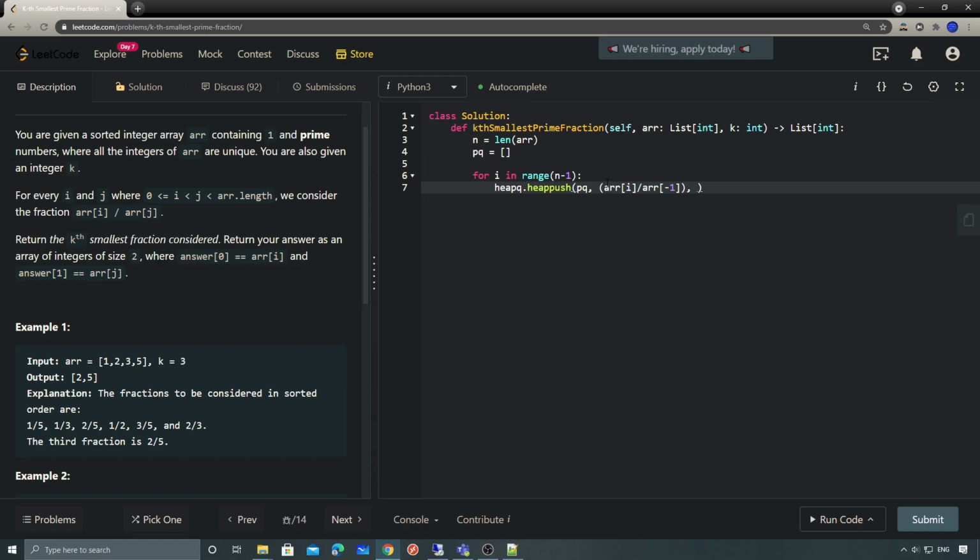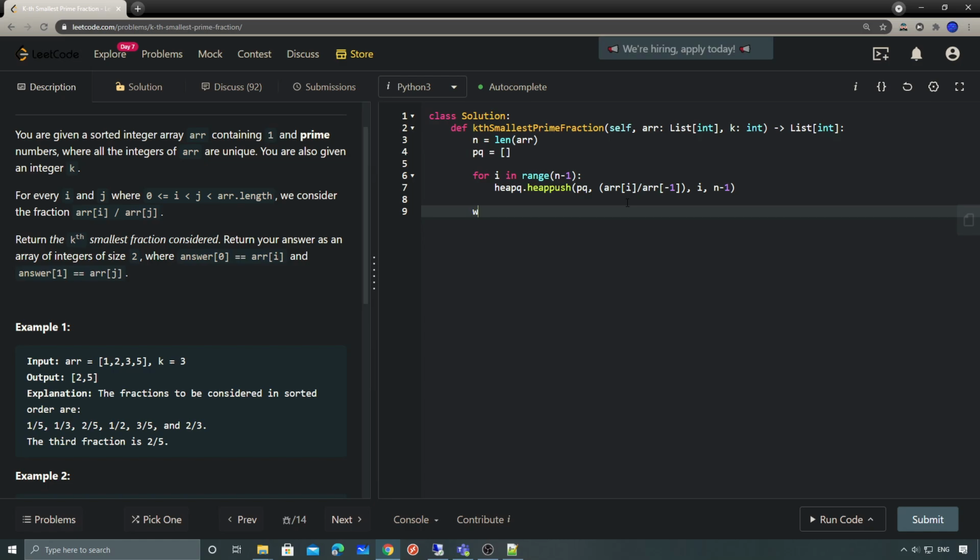While doing that, since after we pop the current one out we also want to find the next one in the current sorted list, we also need to maintain the 2 indices of the current fraction. So at the beginning we have i as the first index, and the second one is n minus 1, because we start from the current i divided by the last element, which is the smallest.